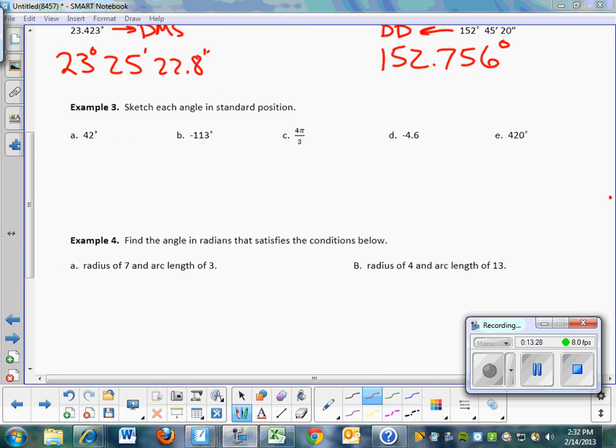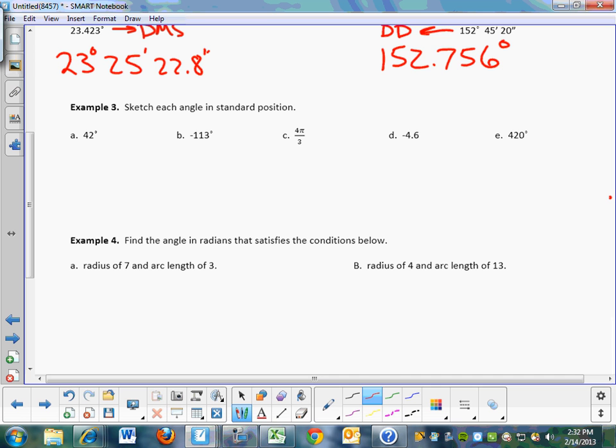Okay. All right, let's pick up here then. Sketch each angle in standard position, 42 degrees. If you get a problem that says that in your homework, just draw that. Make sure that you draw the initial side of the angle. Put the terminal side in the correct quadrant. 42 degrees will put us in which quadrant?